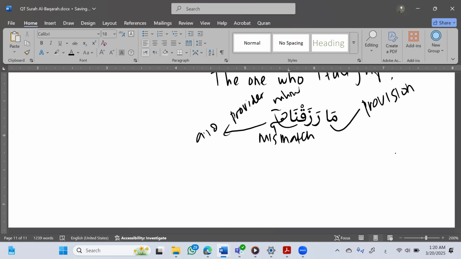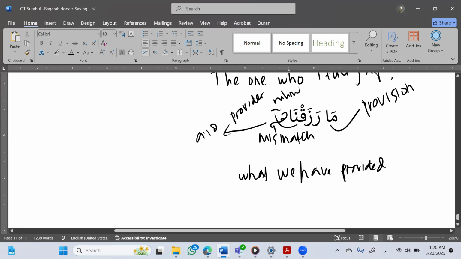So the receiver is restricted. Ma razaqna, what we have provided. If we don't have hum here, then it would be what we have provided to anyone. But since there is the aid hum, the receiver is restricted.